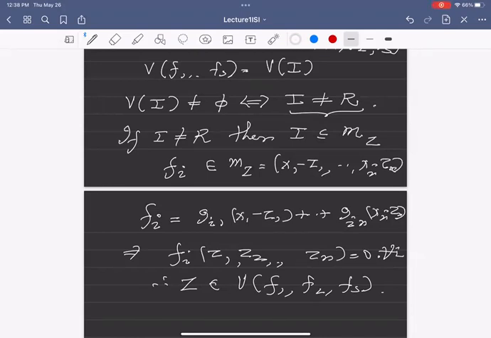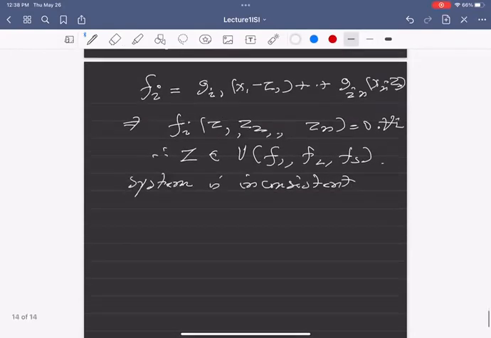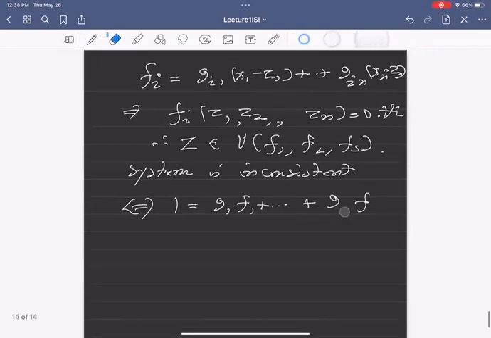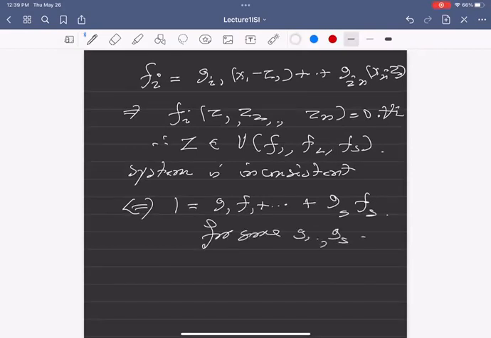Equivalently, a system of polynomial equations is inconsistent if and only if 1 can be expressed as a polynomial combination of these given polynomials F1 to Fs, for some G1 to Gs.